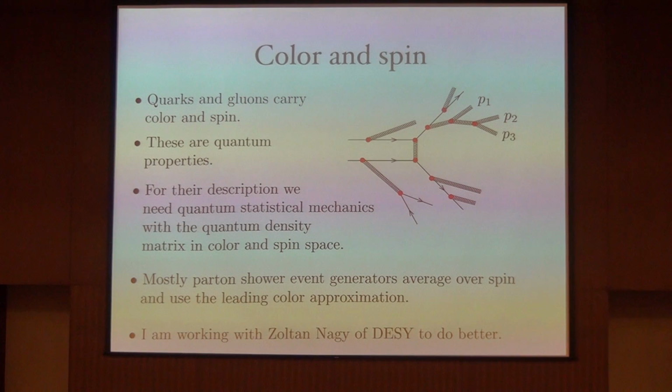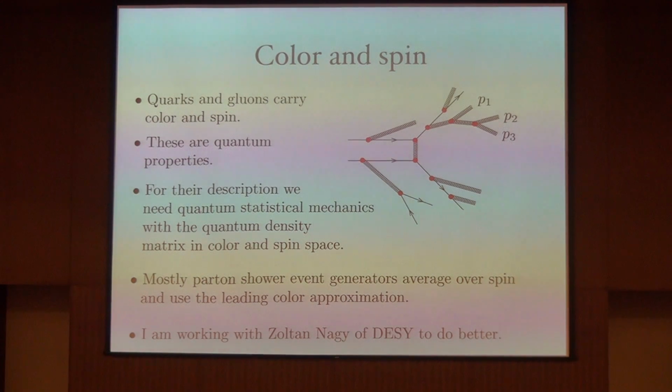So now let me mention color and spin. These are quarks and gluons we're talking about. They carry color, they carry spin. They can carry color and spin a long way, over a big space-time distance, or until everything's on shell, very close to on shell. Those color and spin are quantum properties.